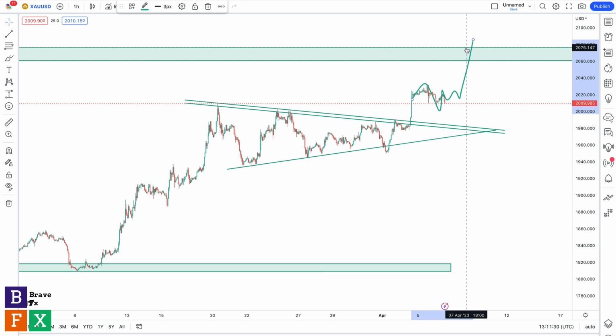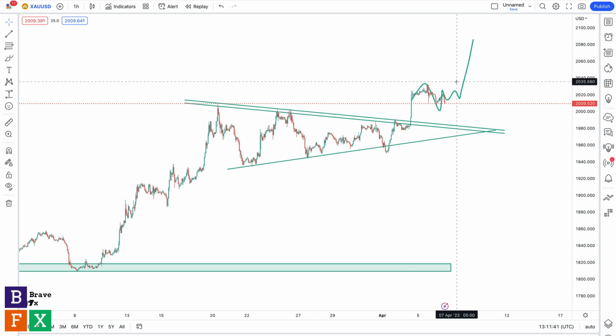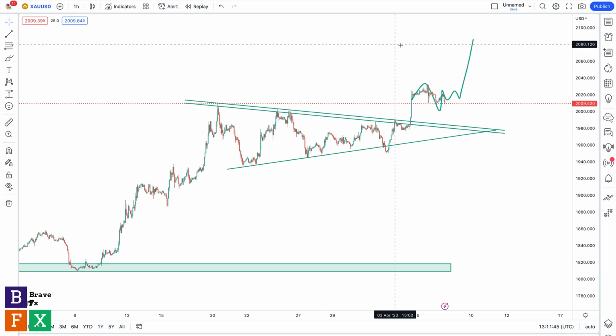That's the reason why it's important to pay attention to the higher time frame, because if we don't, let's say I take out this resistance, you would just go long and hold your trade not knowing that there is a resistance level around this price level. You get? This is just an illustration to help you understand why it's important to go through the higher time frame to understand what's really going on with the chart, or to get more information on the chart before executing your trades on the lower time frame.